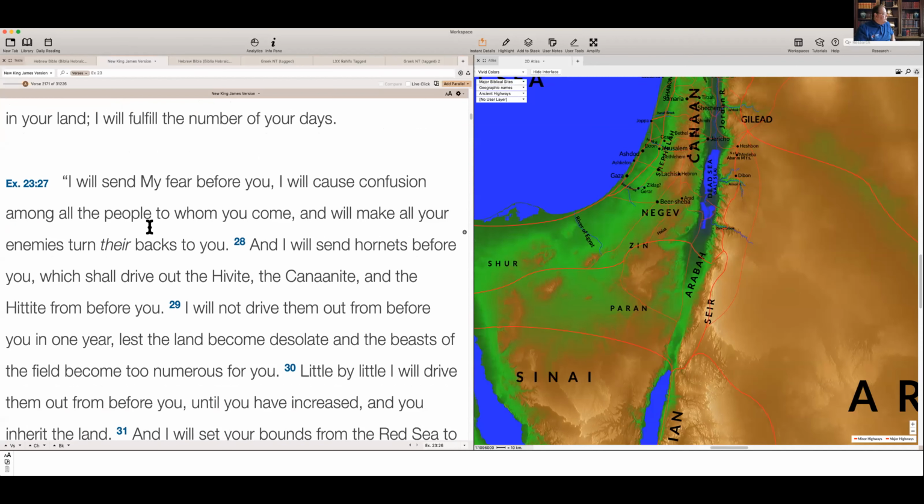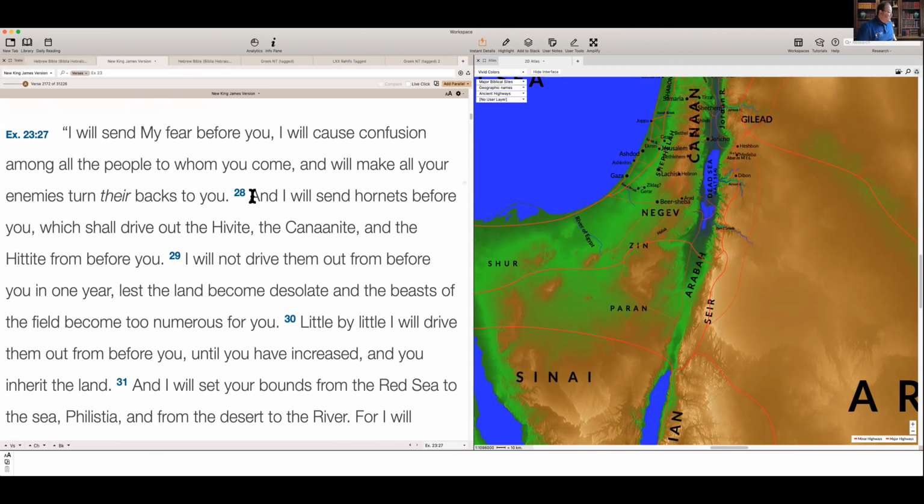I will cause confusion among all the people, and I will make your enemies turn their backs to you. So the only thing the Israelites were supposed to do was to show themselves up, and then God was supposed to do what he did, dividing the Red Sea. That was the plan of God.